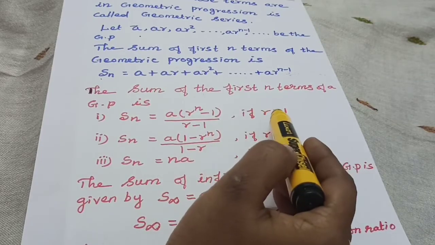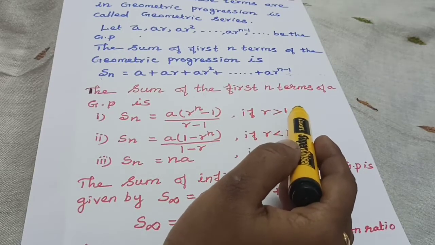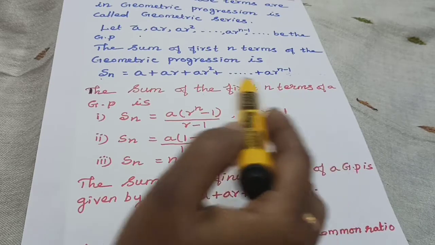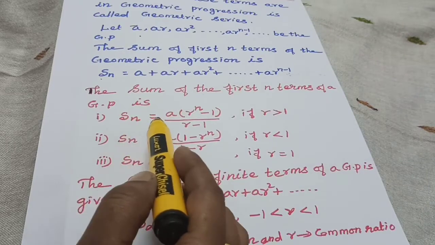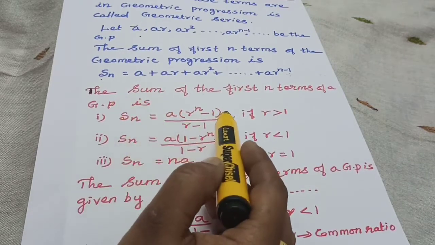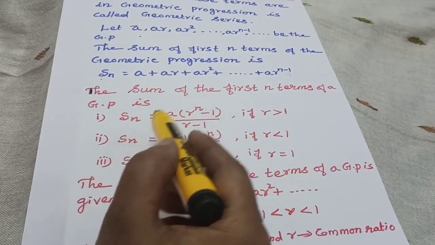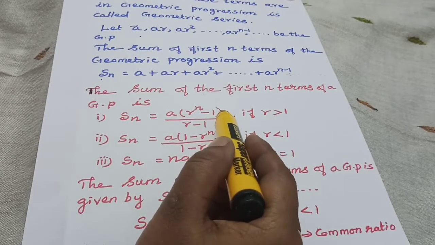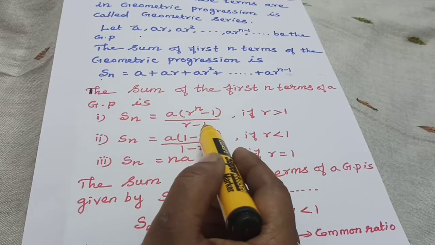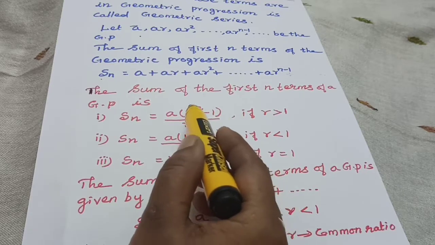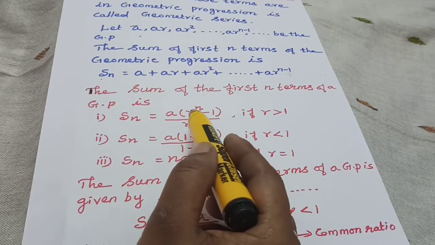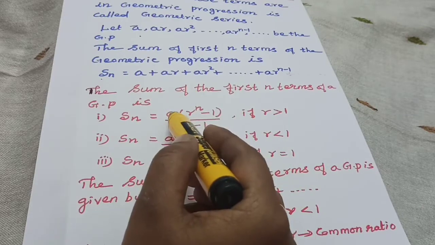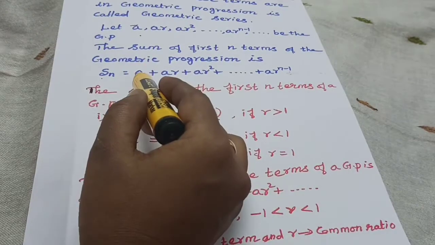If r is greater than 1, then we have to use this formula. What is meant by r? r is the common ratio. What is a? a is the first term.